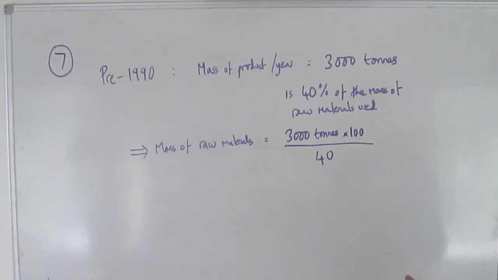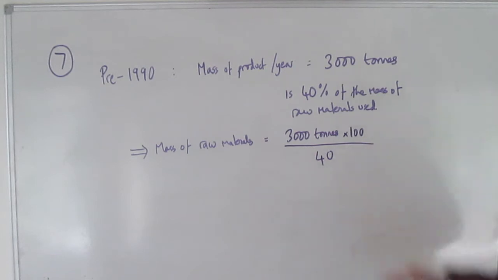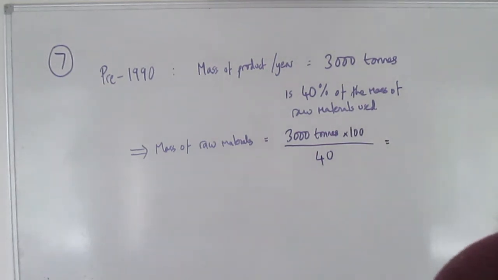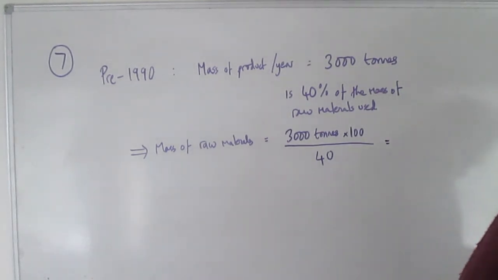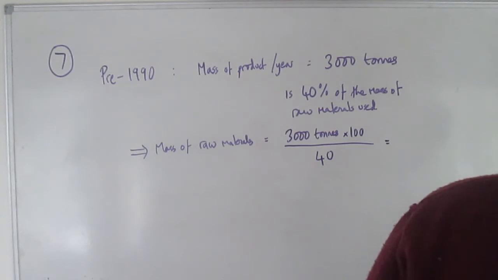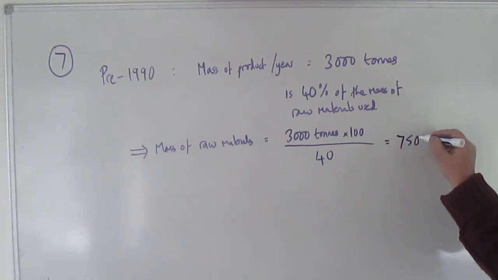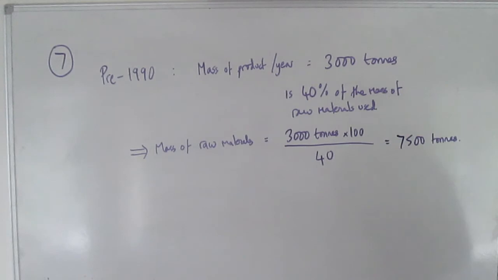Okay, so that's a way of rationalising the fact that to scale up from 40% to 100%, you multiply by 100 over 40, which gives you 7,500 tons. So that's the mass of raw material used in a year to produce your ibuprofen.